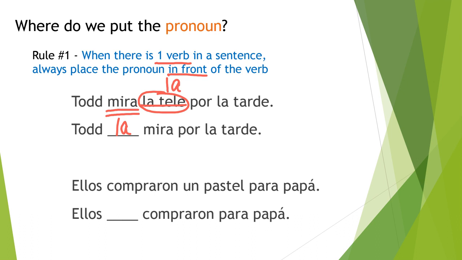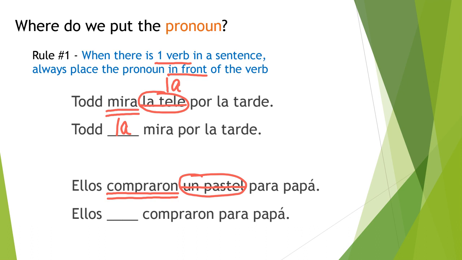before. In the next sentence, ellos compraron un pastel para papá. So they bought a cake for father. We can find our verb, compraron. We ask, what did they buy? They bought un pastel. So un pastel is our direct object. We want to get rid of that direct object and replace it with a direct object pronoun.